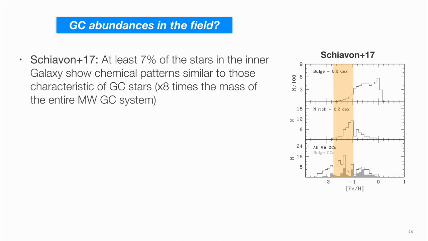Hey, so maybe just to tie in to the previous question about the halo, the contribution of globular clusters to the stellar halo is expected to be very, very small. So I wouldn't be too surprised that there aren't that many funny chemistries in the halo.